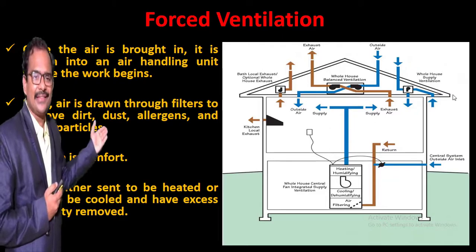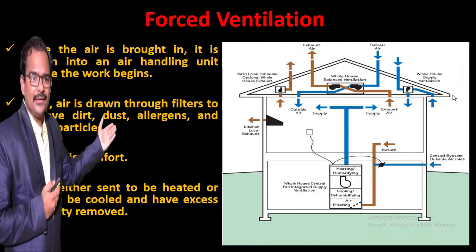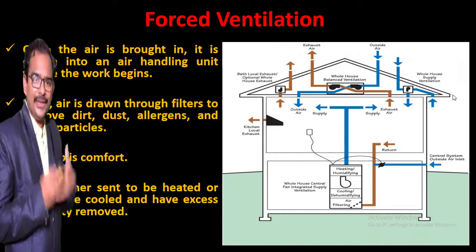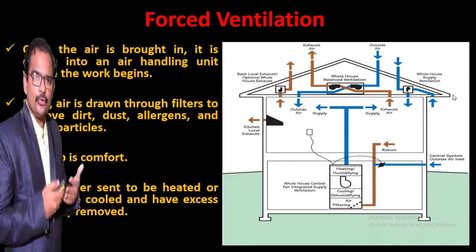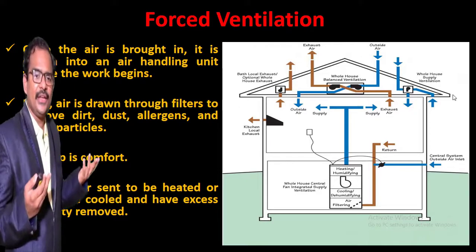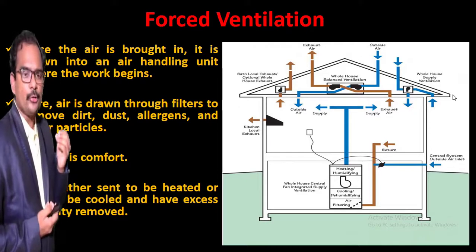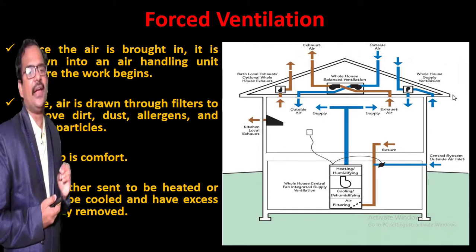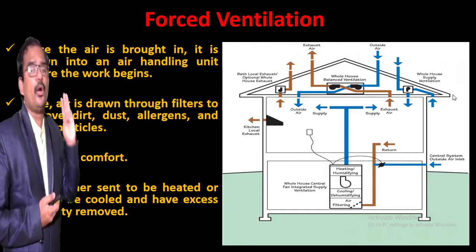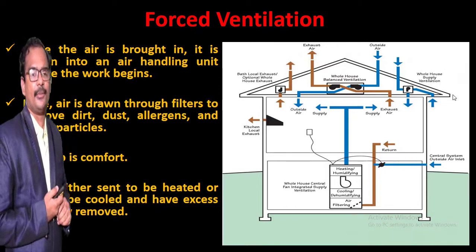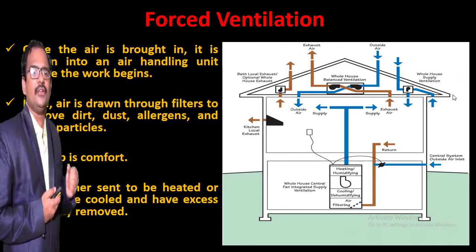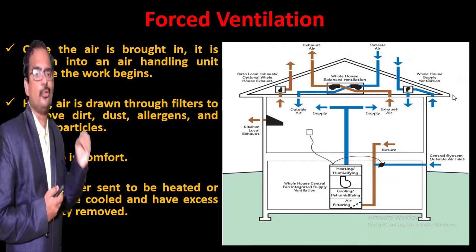So air is either sent to be heated, sent to be cooled, or have excess humidity removed. In order to have comfort, we need to either heat the air, cool the air, or remove the moisture or humidity content from the air. When you do any of these three things, then automatically you will get the required comfort through ventilation.